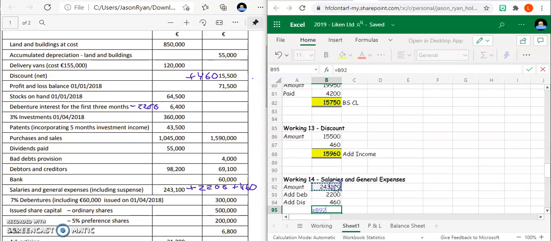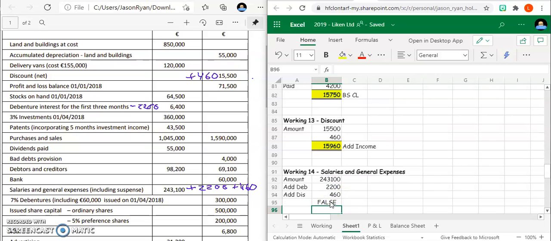These three added together will give you a new figure, and that'll go into your profit and loss account underneath administration.